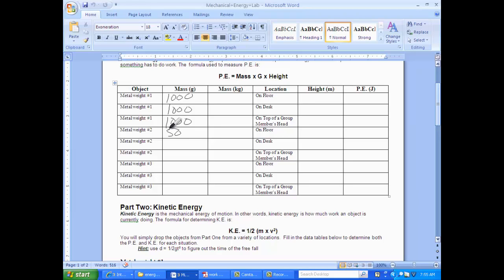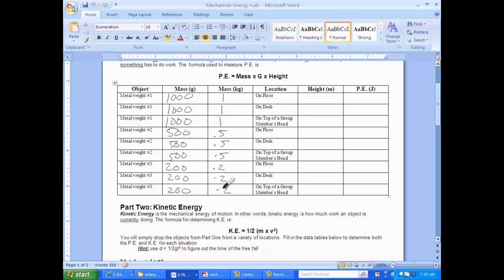Mass 2 was 500 grams. Mass 3 was 200 grams. You guys should know by now, how do we convert grams to kilograms? Move the decimal place which direction? How many times? 3. Just the same as dividing by 1,000. So therefore, the mass is 1 kilogram, 1 kilogram, 1 kilogram, 0.5, 0.5, 0.5, 0.2, 0.2, 0.2.